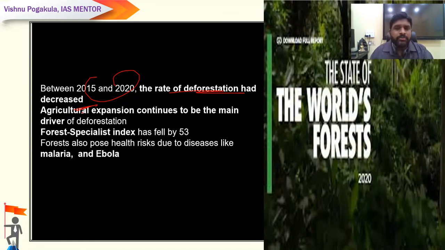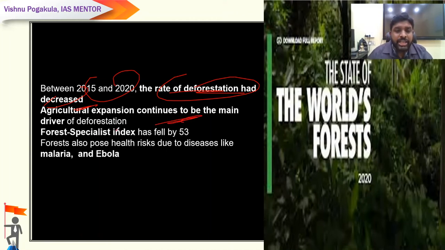Everyone will think that because of man's greed there might be an increase in deforestation, but the rate of deforestation decreased compared to previous years. It did not increase, it decreased. It's a very good sign. Yes, deforestation is happening, but compared with previous years, it is decreasing. That is the major point given in this report.